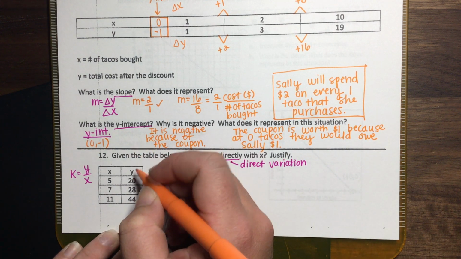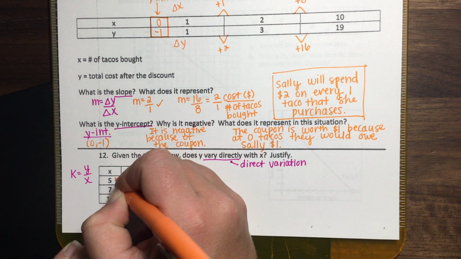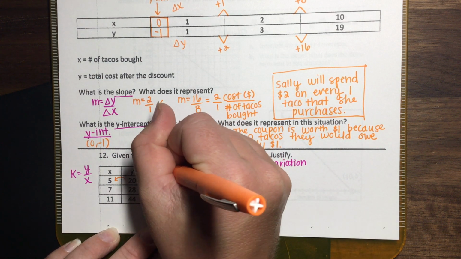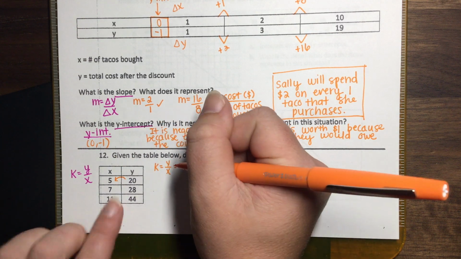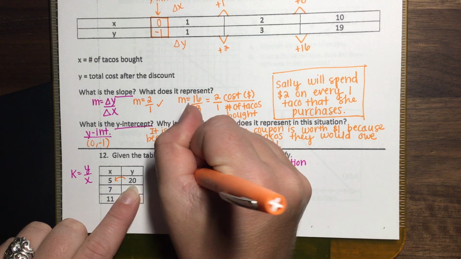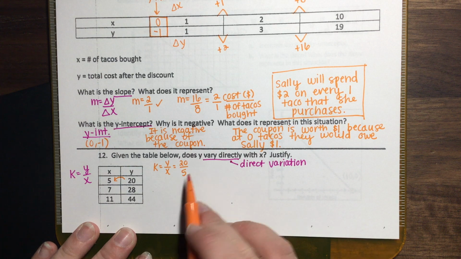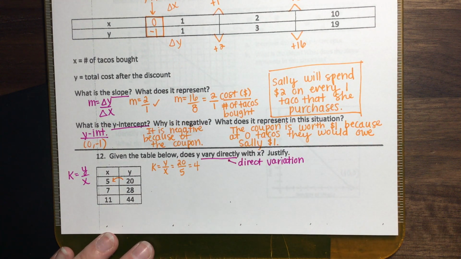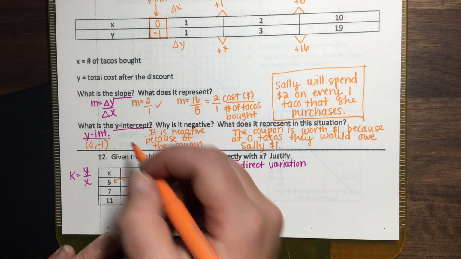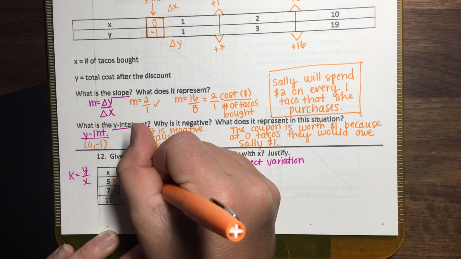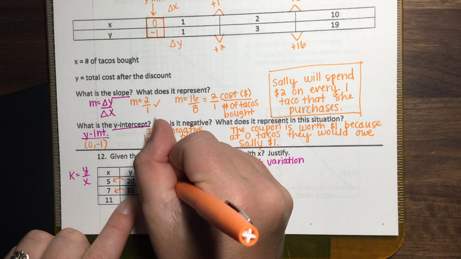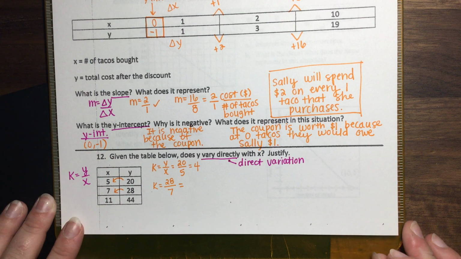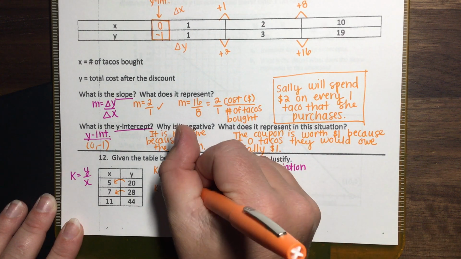I'm going to take my y value, which is 20, and put it over 5 for the first piece. So k equals y over x, which in this case is 20 over 5. 20 divided by 5 is 4. Now I keep going with that same process. k equals 28 divided by 7, which also gives me 4.